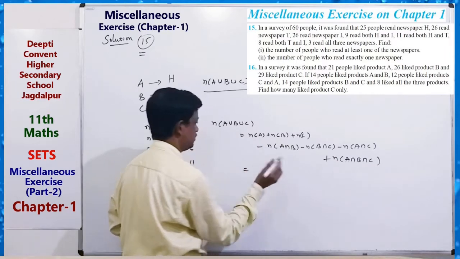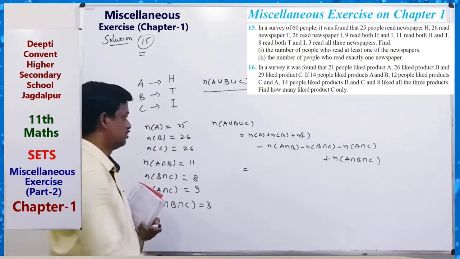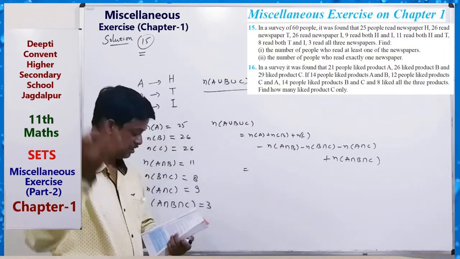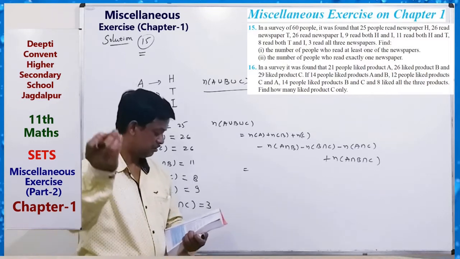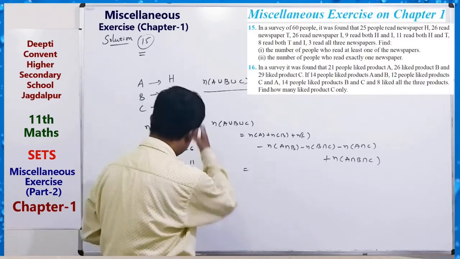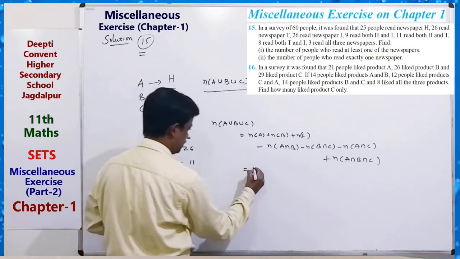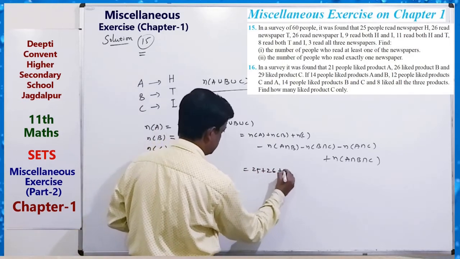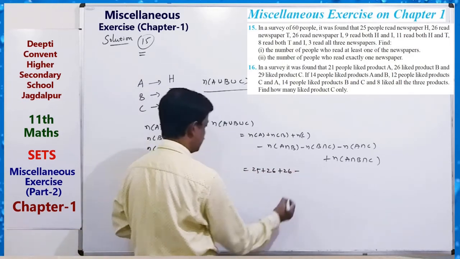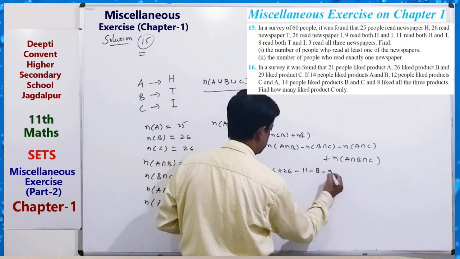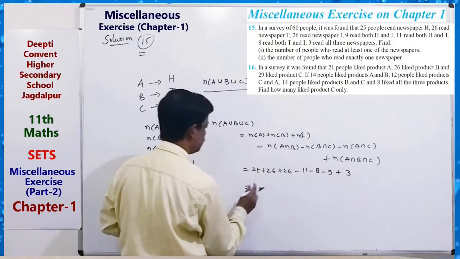We know this is the formula. This gives the number of pupils reading at least one newspaper. So this equals 25 plus 26 plus 26 minus 11, 8, 9, plus 3. So what will be the result?